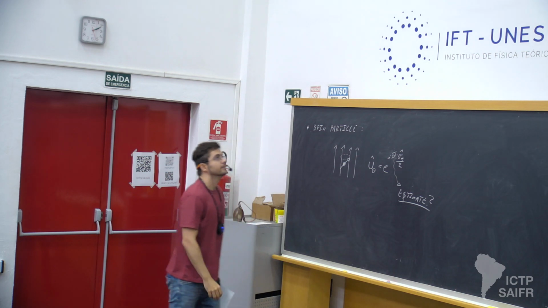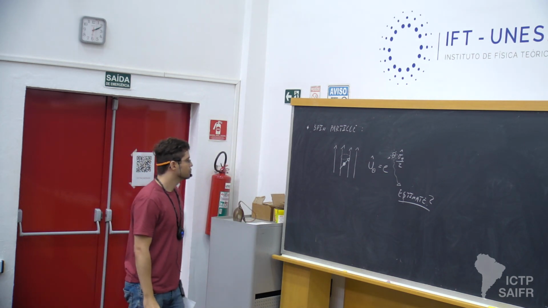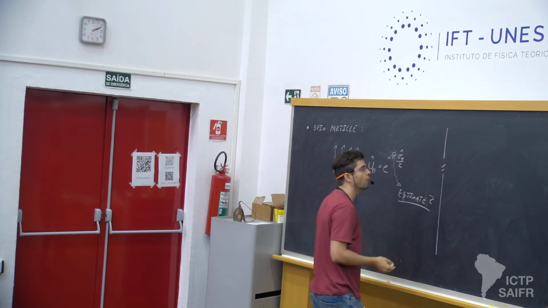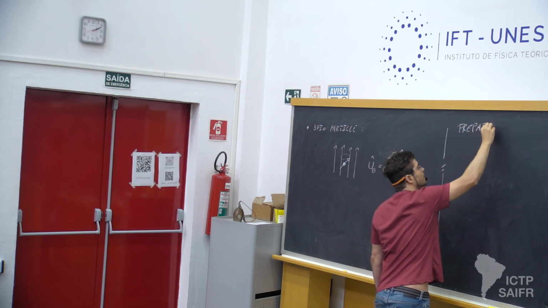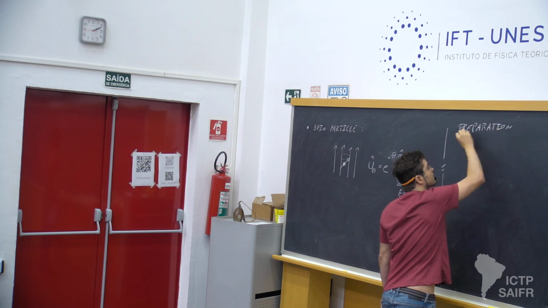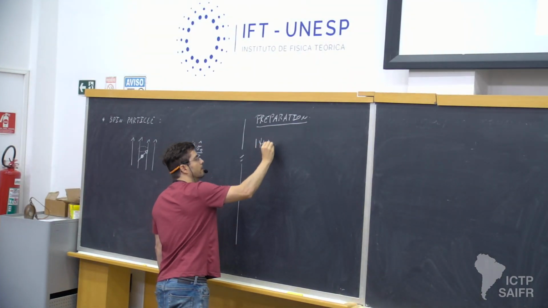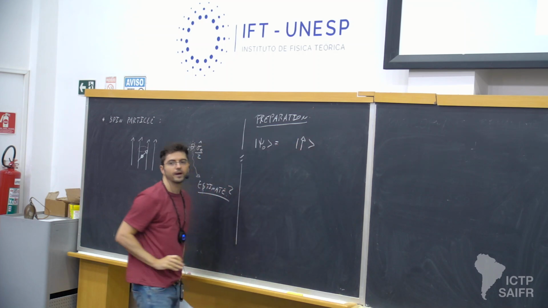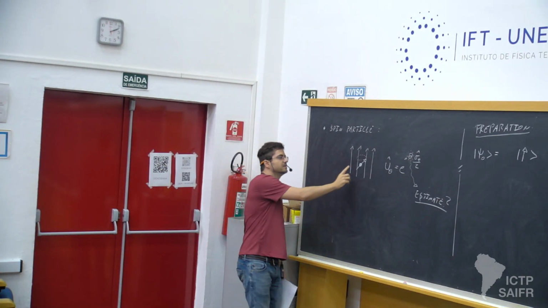Okay, and then we go for the 4 steps of metrology. So the first one is that we need to prepare in a good form the initial state. So let's say that if initially I have my spin pointing along the same direction of the magnetic field, it is a terrible initial configuration, because then the system is simply static.